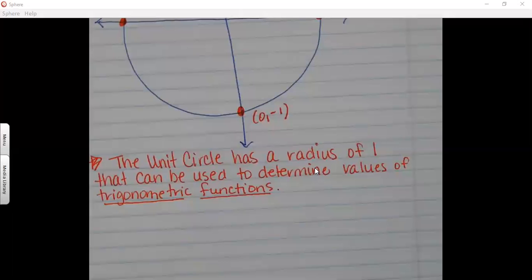Another thing we need to know, the unit circle is centered at the origin.